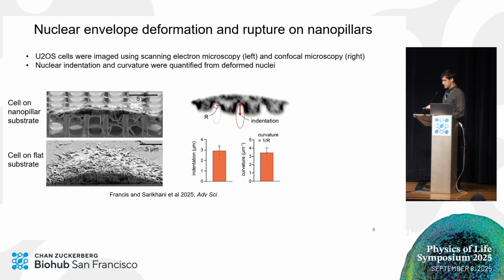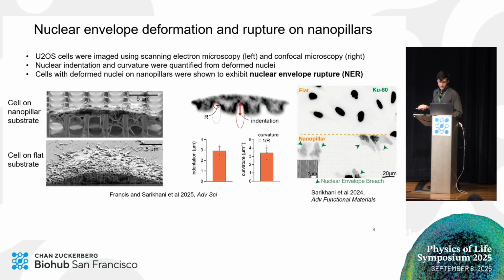Now, an interesting thing that we haven't talked about yet is what happens to the nucleus deforming on these substrates, which hopefully you could appreciate from the first image that I was showing. Our collaborators in the Jawhead lab at UCSD Nanoengineering measured nuclear deformations in U2OS cells on nanopillar substrates. They showed that you get very large amounts of indentation of the nucleus, several microns, on these substrates.